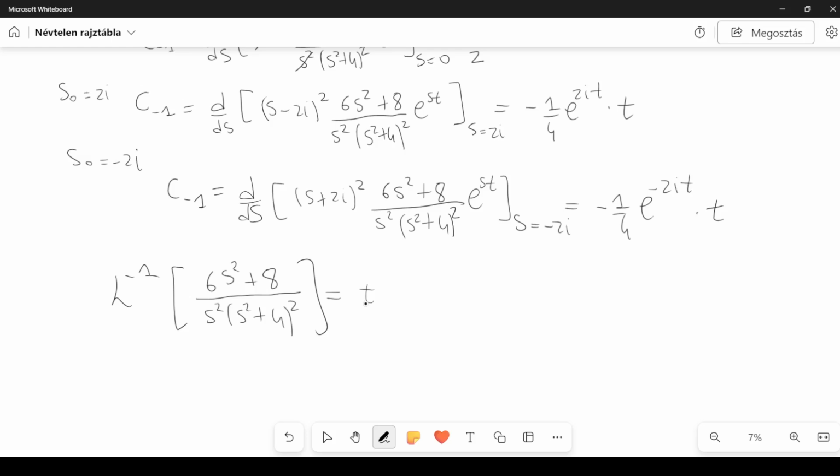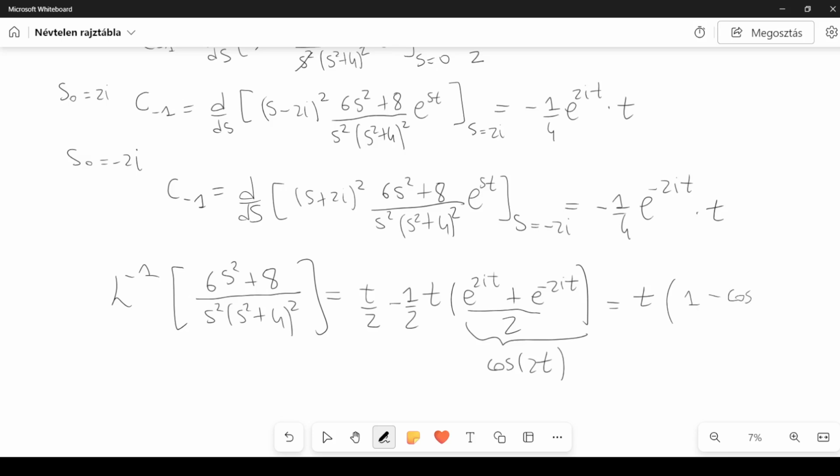So we have t over 2, and then now we can factor out minus 1/2 times t, and then I have (e to the 2it plus e to the minus 2it) divided by 2. This is just the cosine of 2t. So we can factor out t over 2, or if you want just t, and then I have (1 minus cosine of 2t) divided by 2.